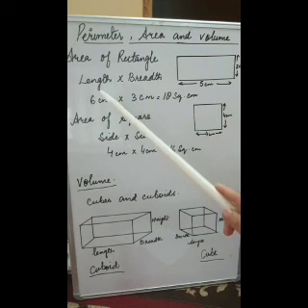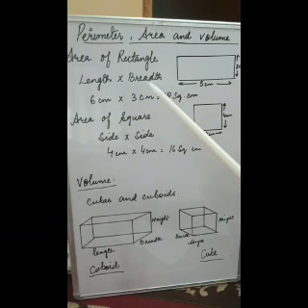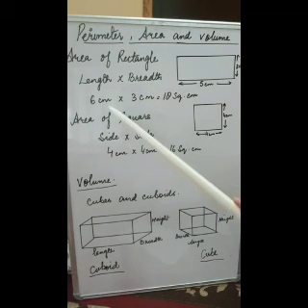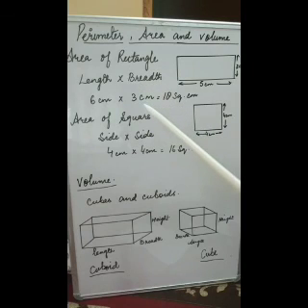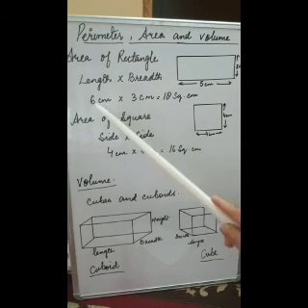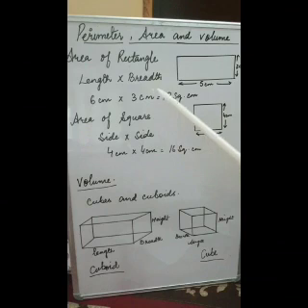So we will multiply length with its breadth. Length being 6 centimeters and breadth being 3 centimeters, 6 multiplied by 3 is equivalent to 18 square centimeters. So this is the way to find the area of a rectangle.